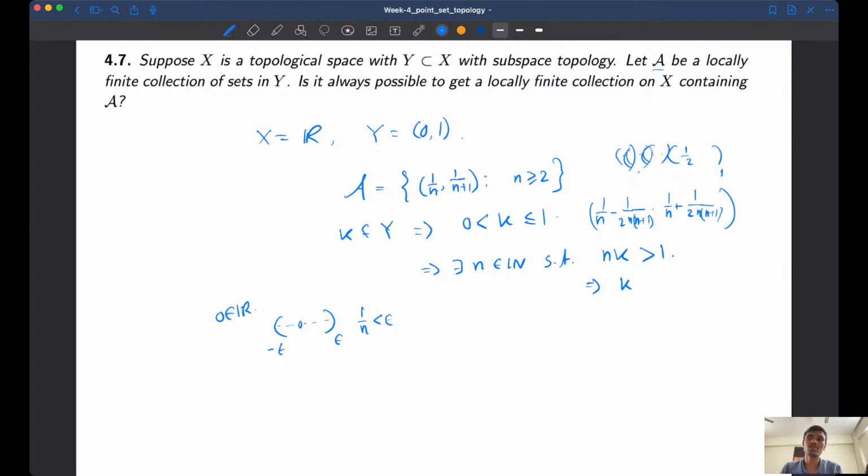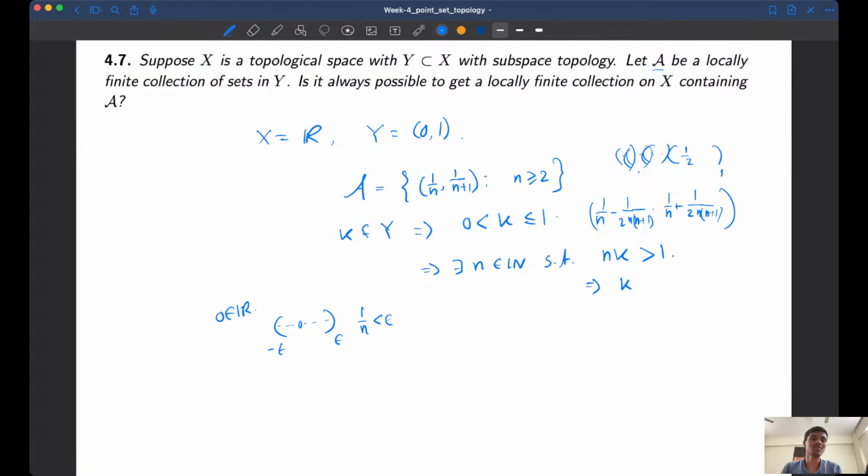So there exists a neighborhood which intersects finitely many members of that collection. In that case, 0 belongs to R, and any neighborhood of that point will intersect infinitely many members of this collection. So it cannot be locally finite.